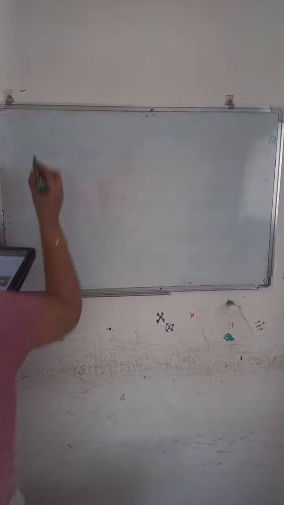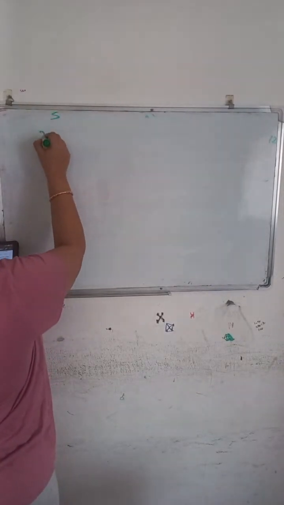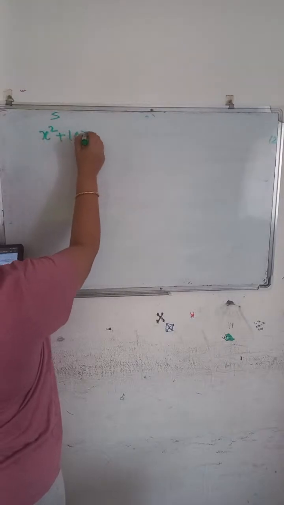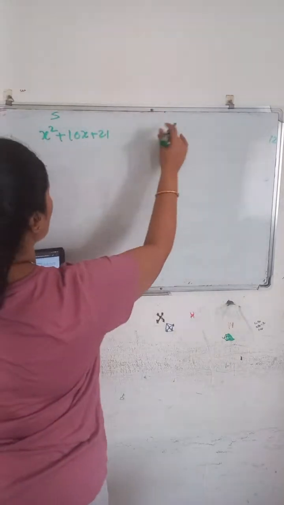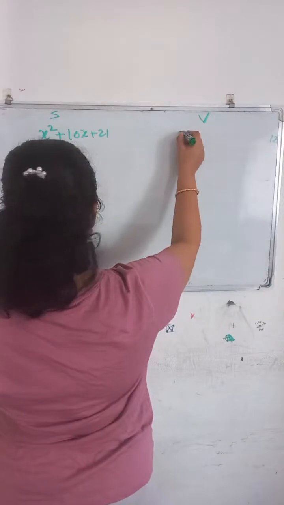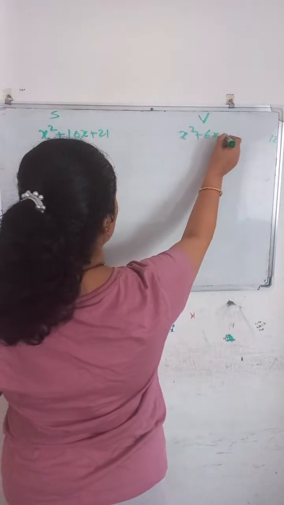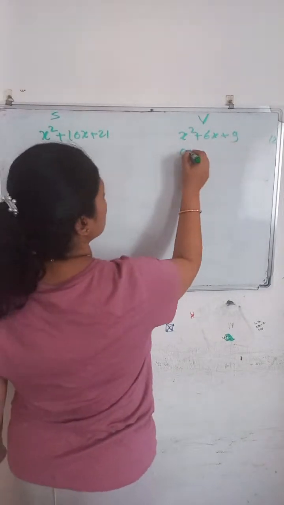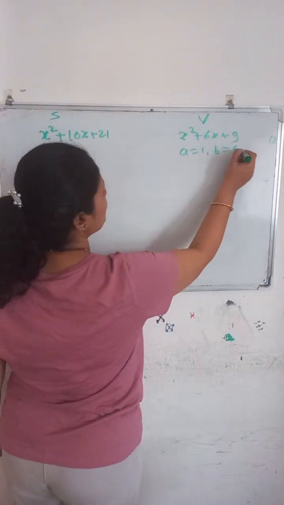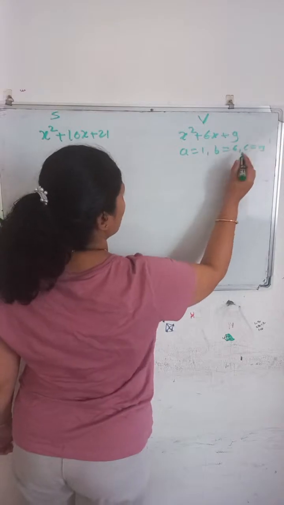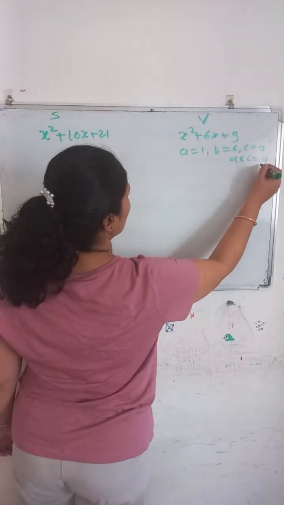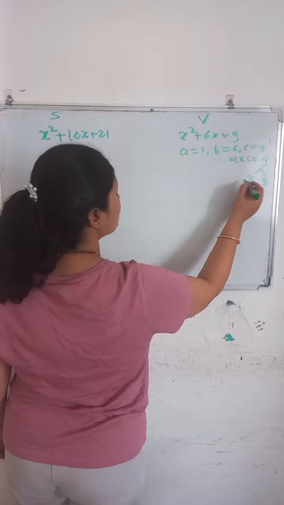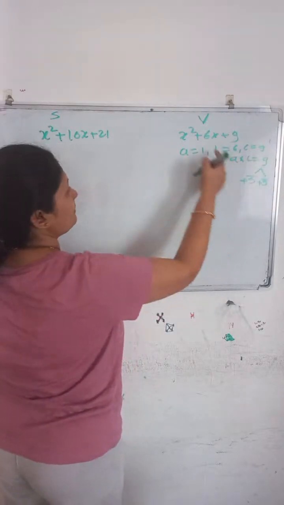So here Sona used, okay, this is Sona. Sona's sheet is x square plus 10x plus 21 as the area, and in Vipin's the area is x square plus 6x plus 9. Just now we did this question. So a is 1, b is 6 and c is 9. So a into c is 9. We are splitting 9 into 3 into 3. 3 plus 3 is 6.